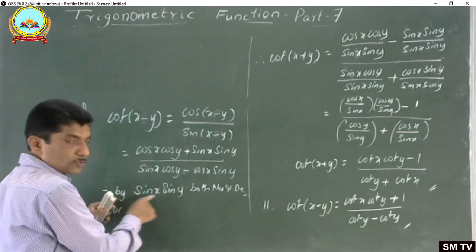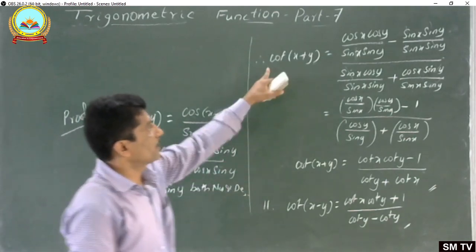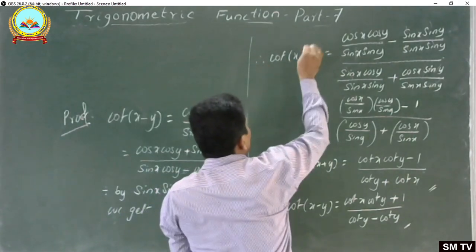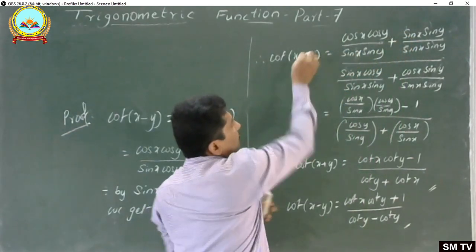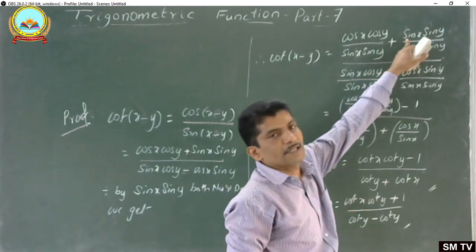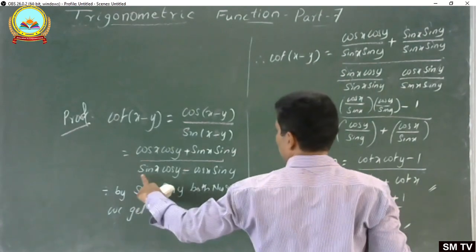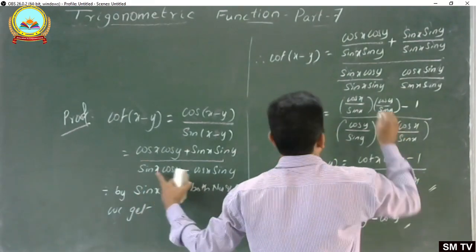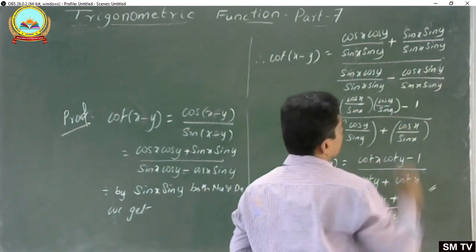Here dividing both numerator and denominator by sin of x into sin of y, therefore cot of x minus y is equal to cos x into cos y divided by sin x into sin y plus sin x into sin y divided by sin x into sin y, in the denominator, sin x cos y divided by sin x into sin y minus cos x sin y divided by sin x into sin y.